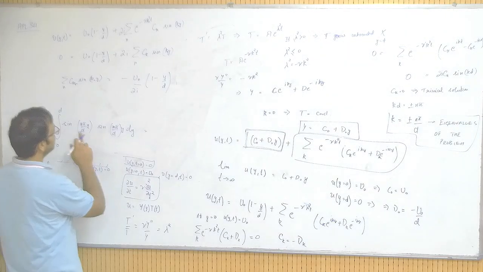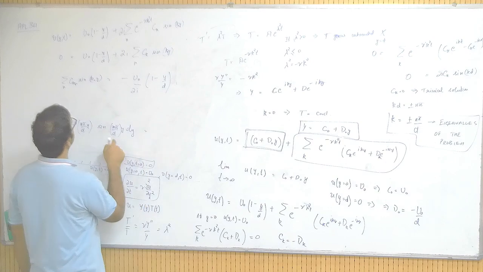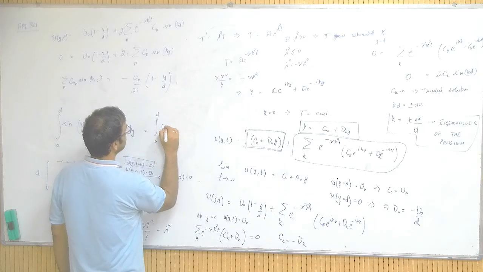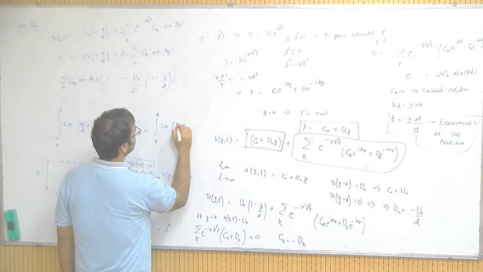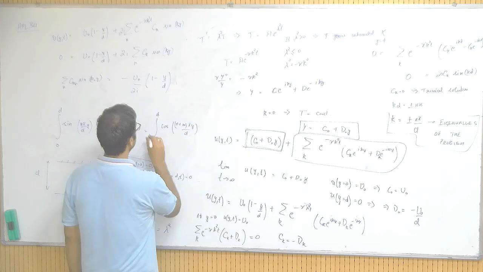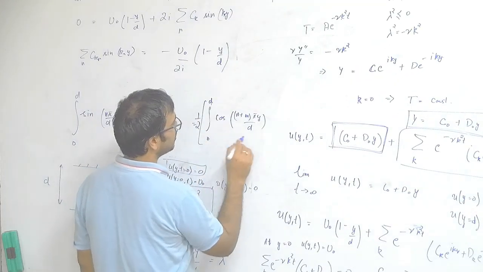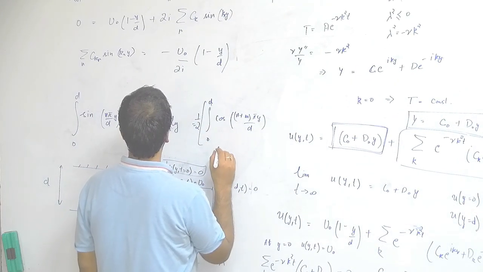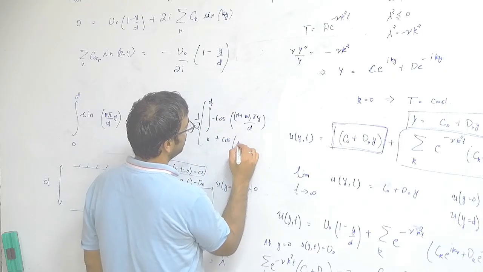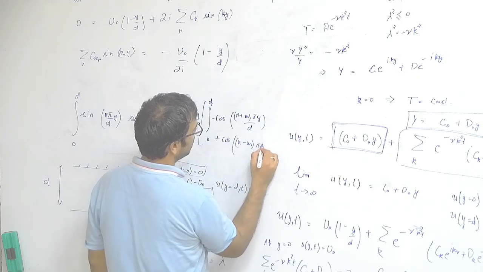Okay, so let us write this thing. We have the integral from 0 to d of half times minus cos of (n plus m) pi y by d plus cos of (n minus m) pi y by d.